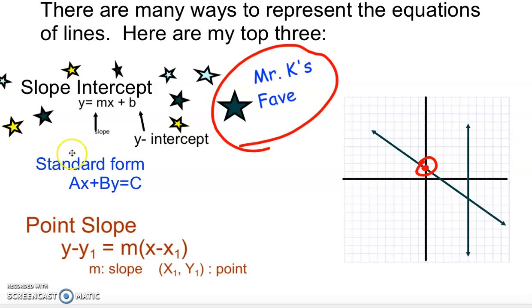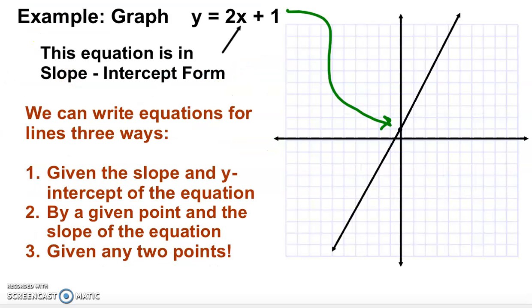And then there was a third form, and that was standard form. And the standard form is ax plus by equals c. And the two forms we're going to focus on in this first part presentation is slope-intercept form and point-slope form. So the black and the brown one is the ones we're going to focus on reviewing today.